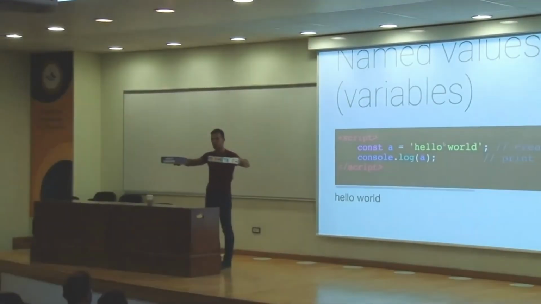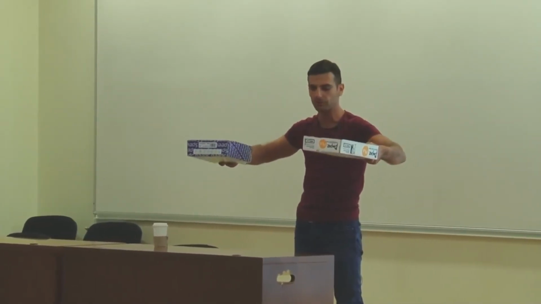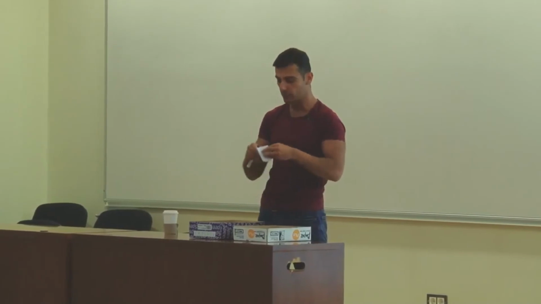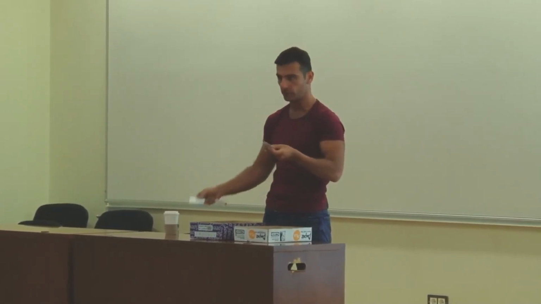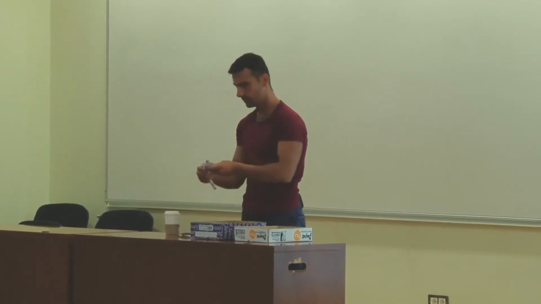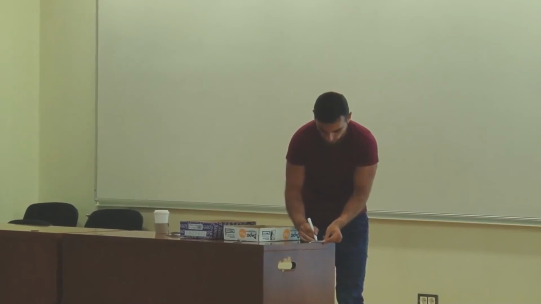Which box has which one? Exactly, who knows? Maybe I shuffled them, maybe I didn't. You don't really know. So what might make sense is if I labeled them. If I gave them some sort of an identifying name, that would make it easier for you to know which is which, right? Okay, that one doesn't stick. Okay, cool. All right, so let me write red, or R for red.